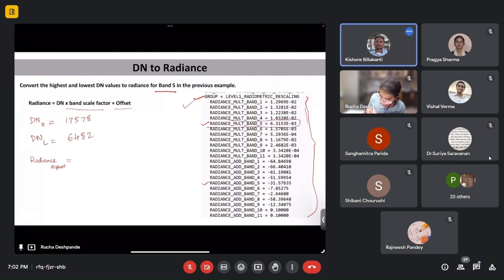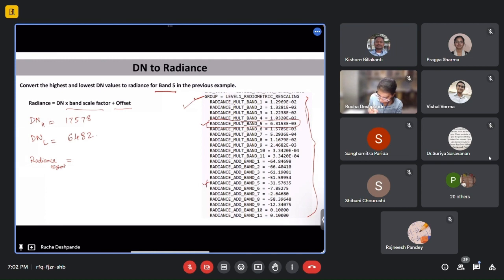So we take these two values. This is the multiplicative factor and this is the additive factor. So for 17578 minus 31.565, I was getting around 70.